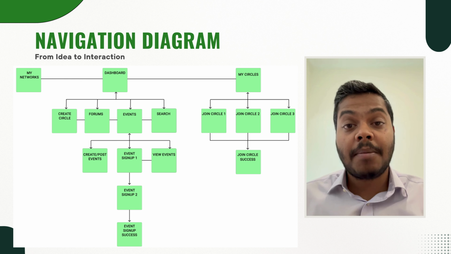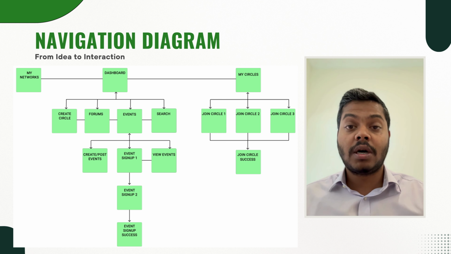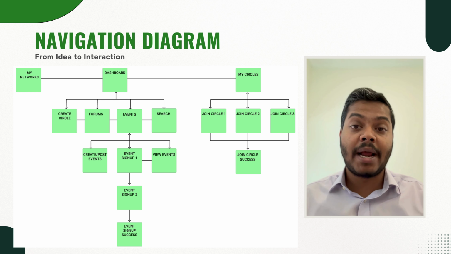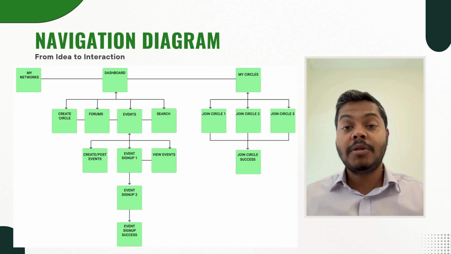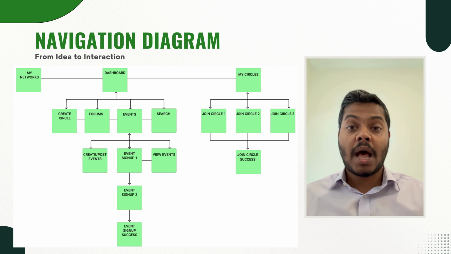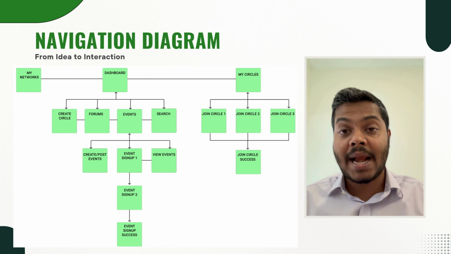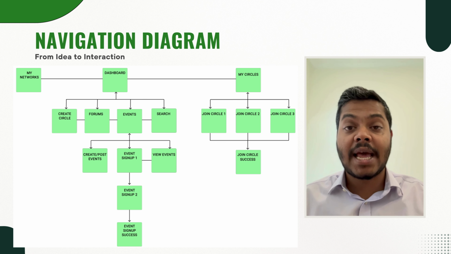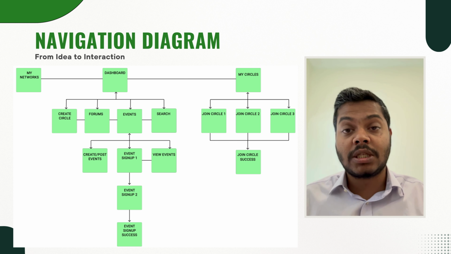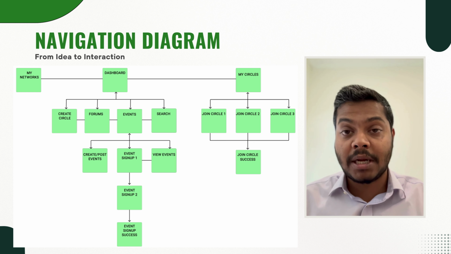Next, I'll be discussing the navigation diagram. We have used a hierarchical structure for easy understanding of how the user can navigate within our mobile application. For the purpose of this diagram, we have used some depth because the design of the FinCircle mobile application is a bit complex and it takes more than one click to explore when we start surfing from the homepage or the dashboard of our application.